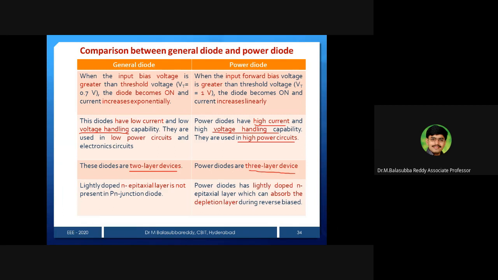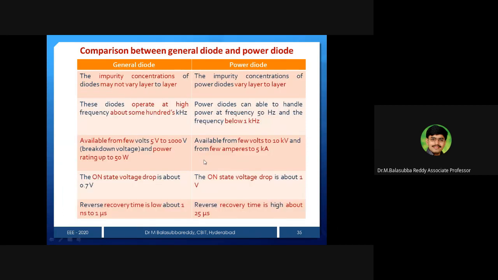The lightly doped N-1 layer is not in the PN junction diode, whereas it is present in the power diode. And in the general diode the impurity concentration may not vary much from layer to layer, but in the power diode the impurity concentration varies from layer to layer.